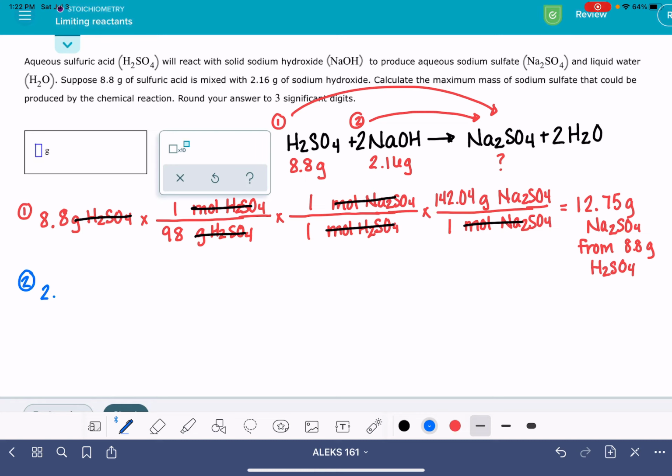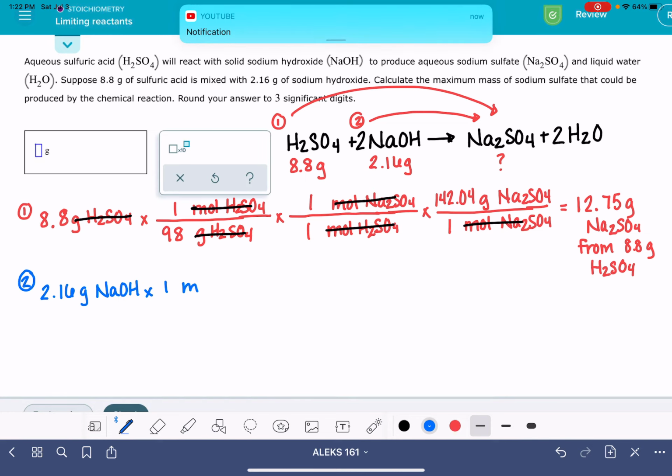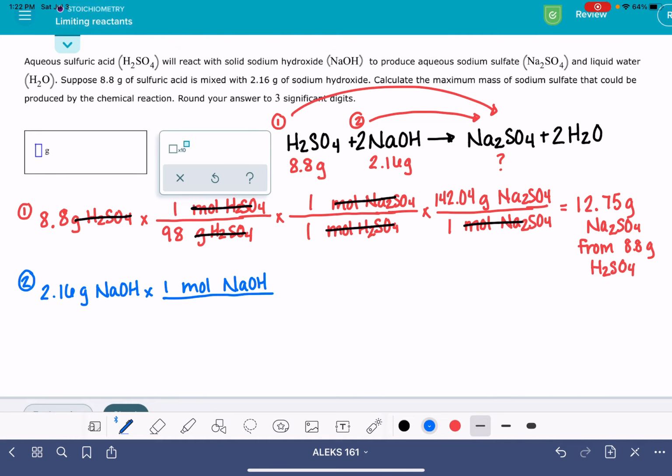We're just starting with a different molecule and a different mass. 2.16 grams of sodium hydroxide, NaOH. We need to begin by converting that into moles. So 1 mole of NaOH is, sodium is 23, oxygen is 16, hydrogen is 1, so that's 40 grams of NaOH per mole. And then we need to do our mole to mole conversion.